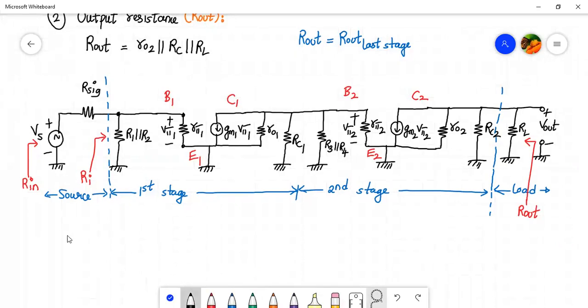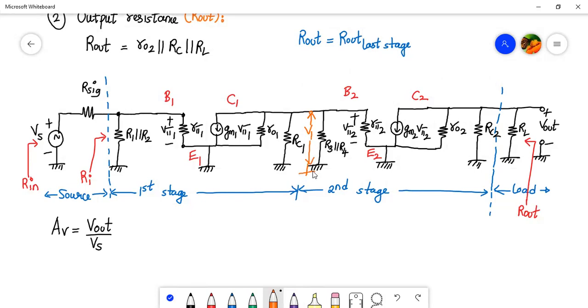So what is voltage gain over here? Our voltage gain will be given by the output voltage divided by the input voltage, that is Vout upon Vs. But we have two stages, right? So we wish to find out the individual voltage gains. So over here, we'll mark one more variable. We call that variable V1.